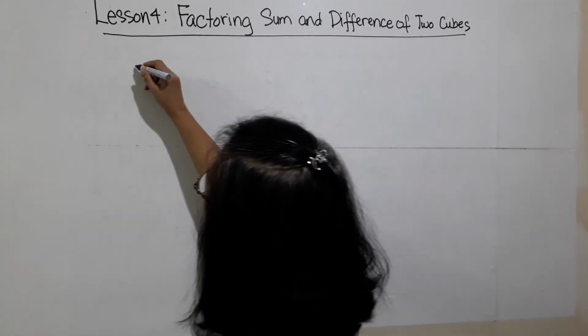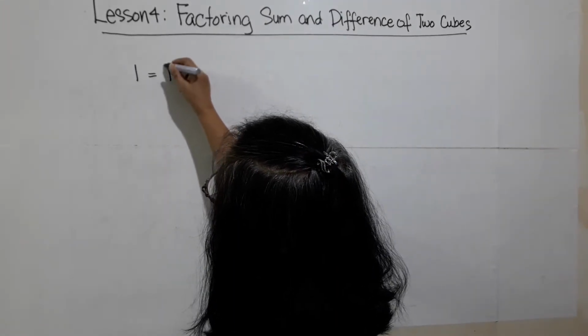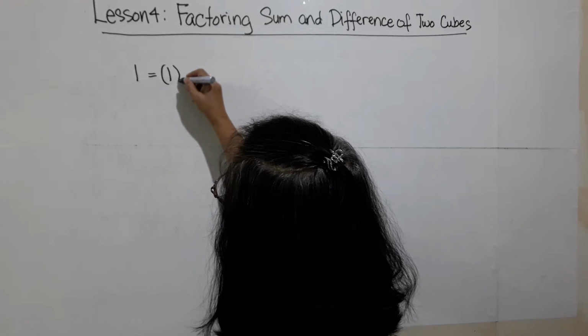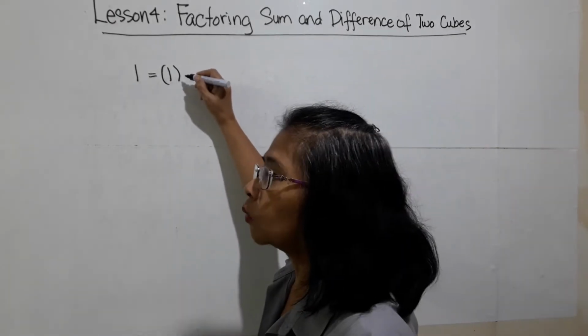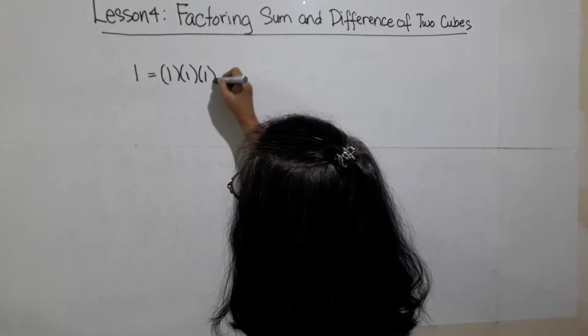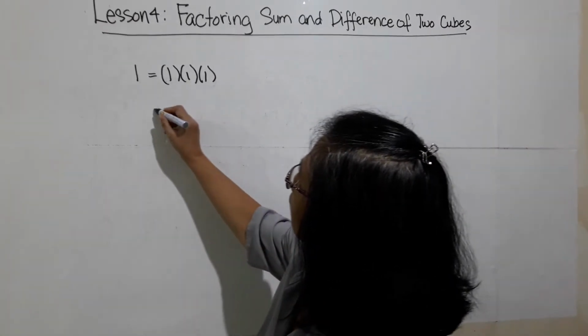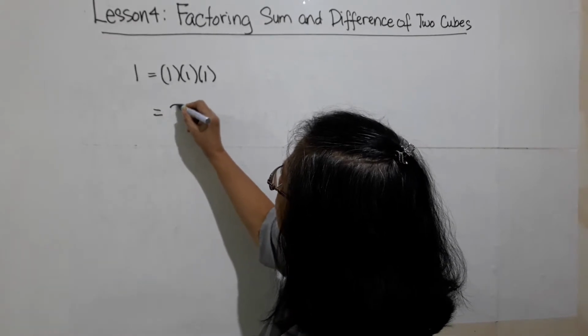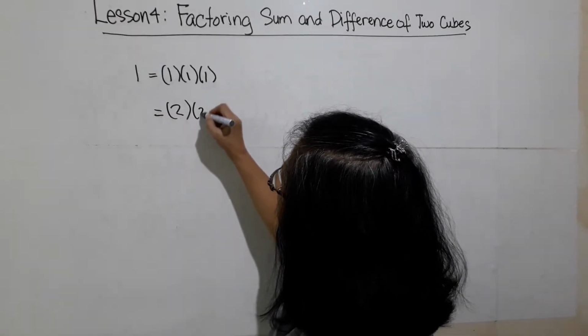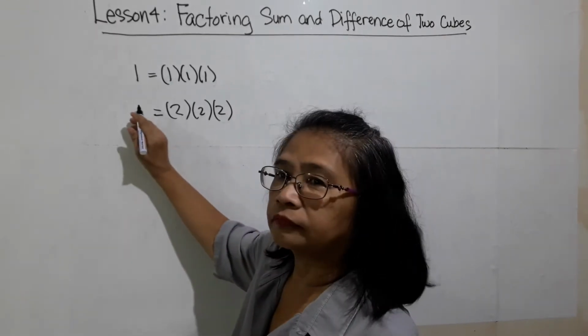If I have 1, then list the factors of 1 wherein only one number multiplied by itself will give 1. Okay? If I multiply 2 by itself 3 times, what do I have?